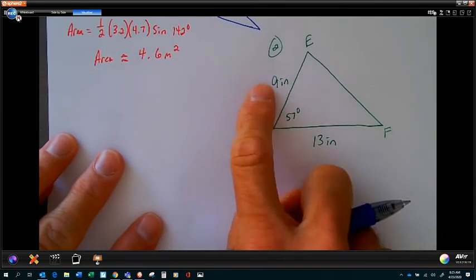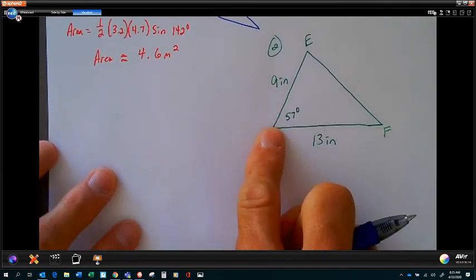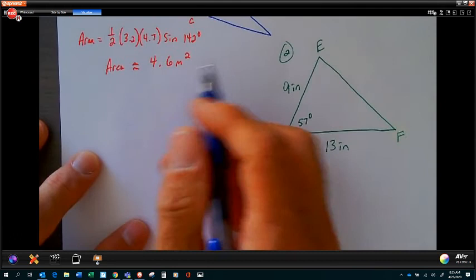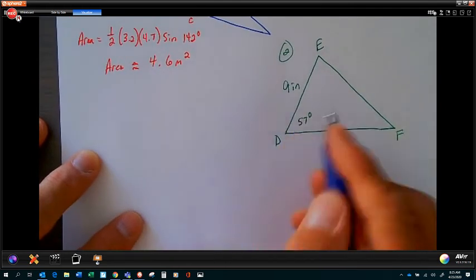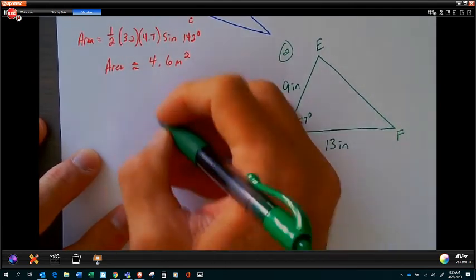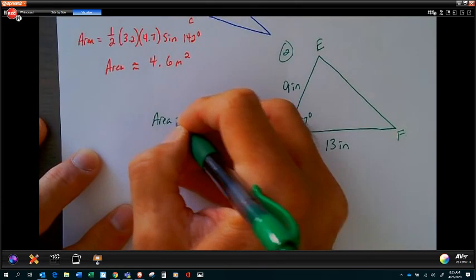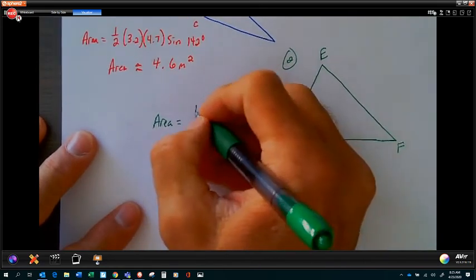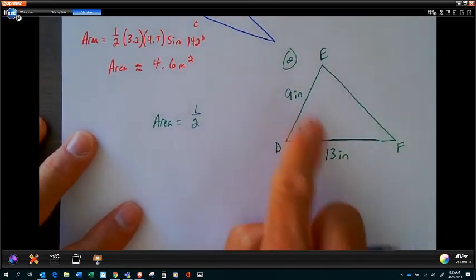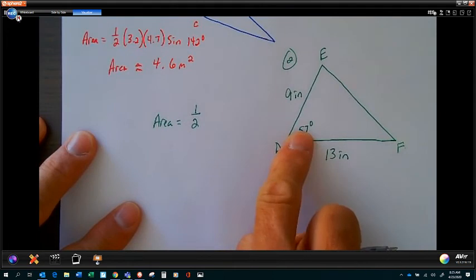You just multiply the sides and then the included angle. So again, using any one of these, the area is going to be equal to 1/2 times the two sides and the sine of the included angle.